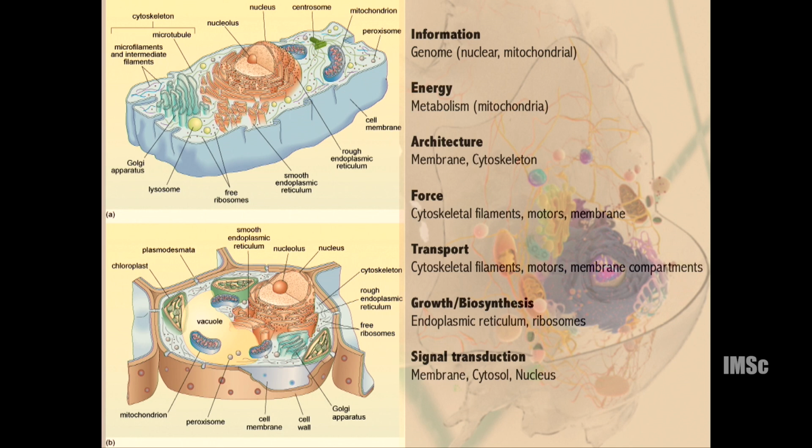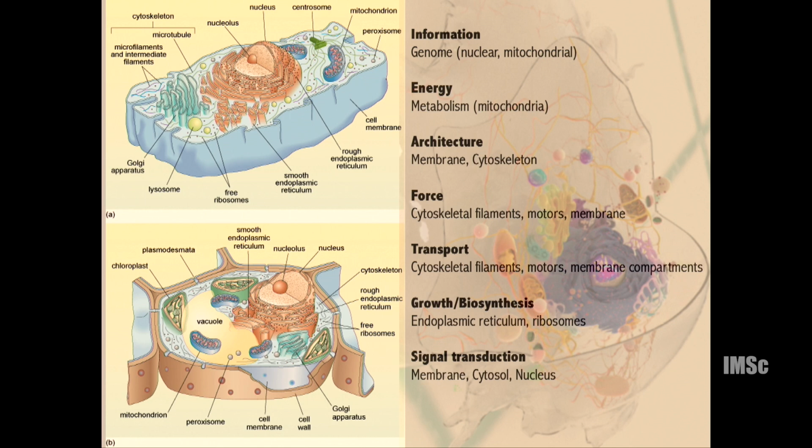Cells require energy to reform themselves. This again comes through metabolic pathways that happen largely in the mitochondria. Their ability to deform relies on the properties of the membrane that surrounds the cell, and the cytoskeleton, about which I'll say a little bit more later on.